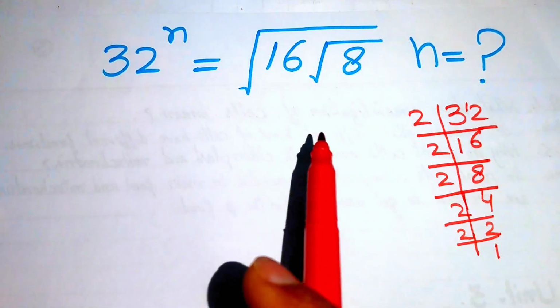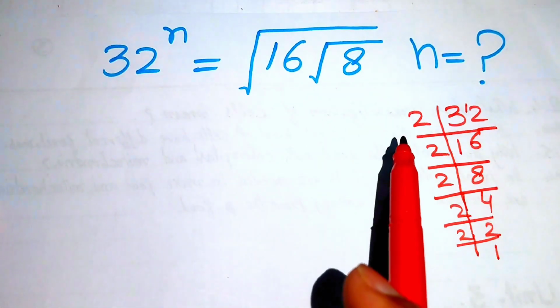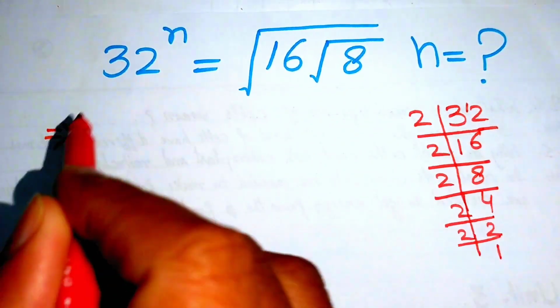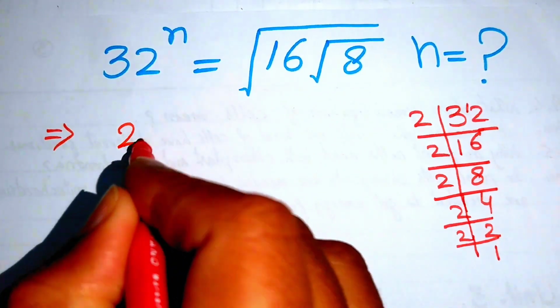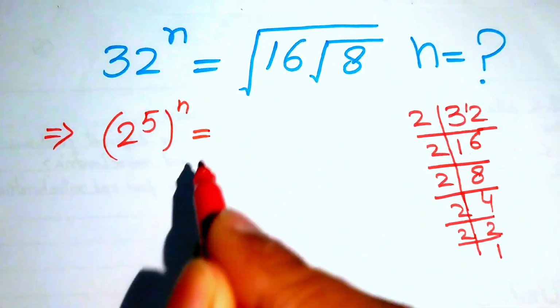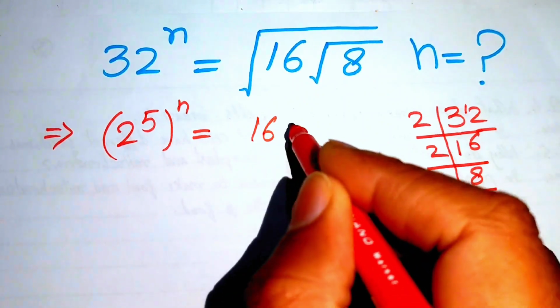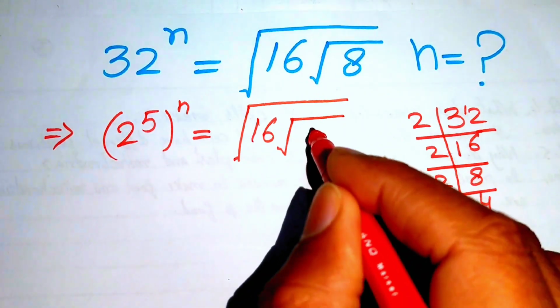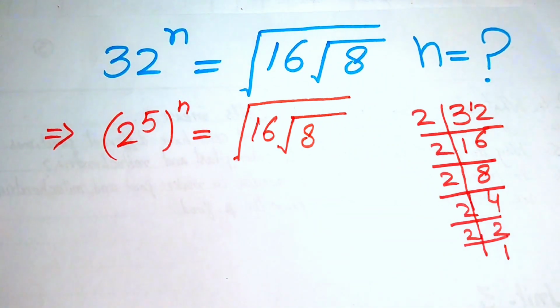So here we have the prime factors of 32 are 2 to the power of 5. So that here we write this 32 as 2 to the power of 5 and its whole power n equals square root of 16 into square root of 8.